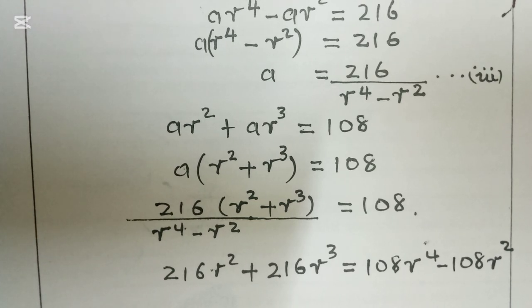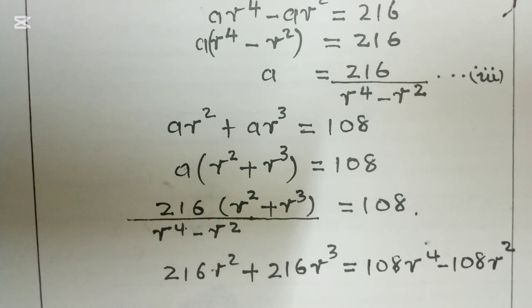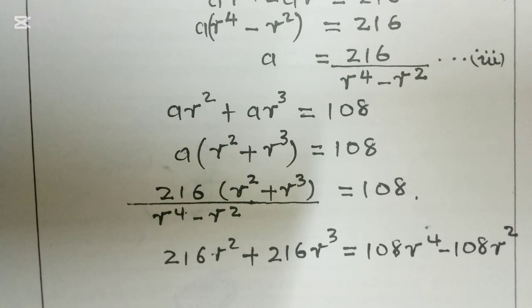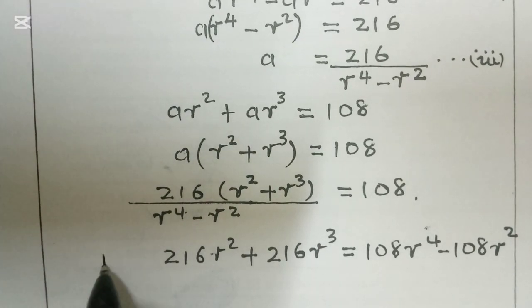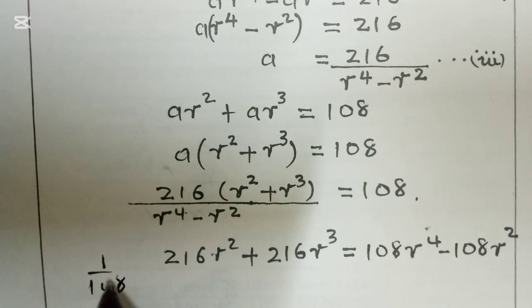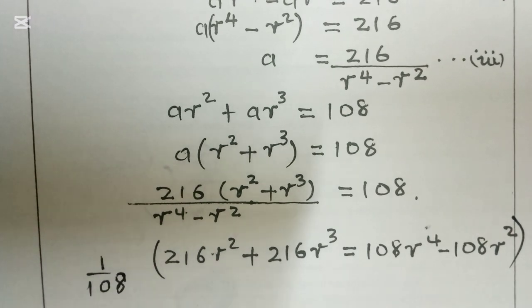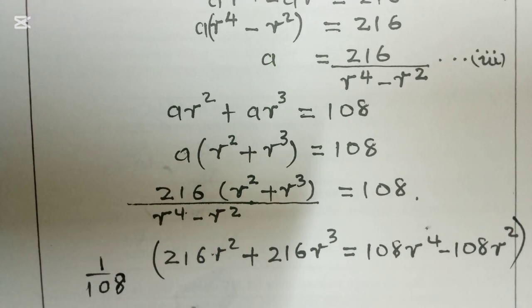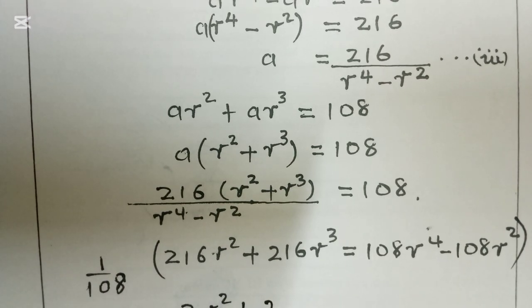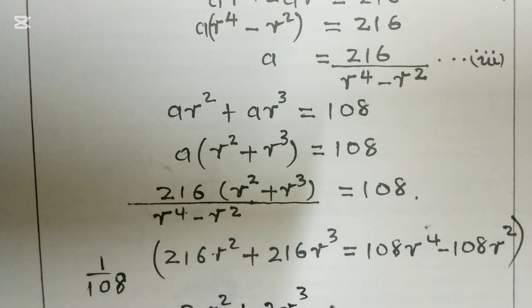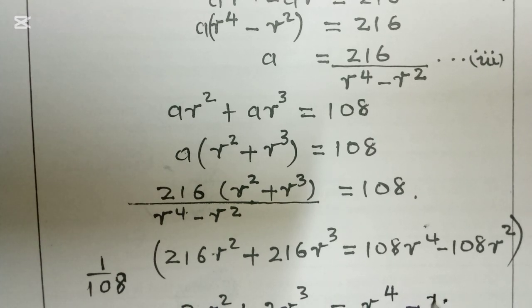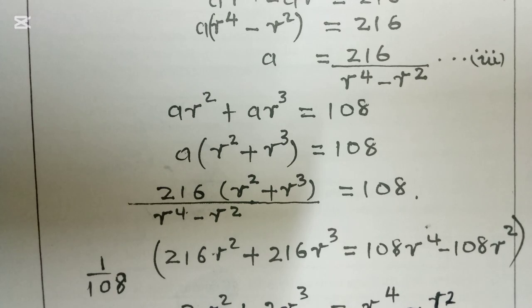We can divide the whole equation by 108, and we are going to have 2R^2 + 2R^3 = R^4 minus R^2.